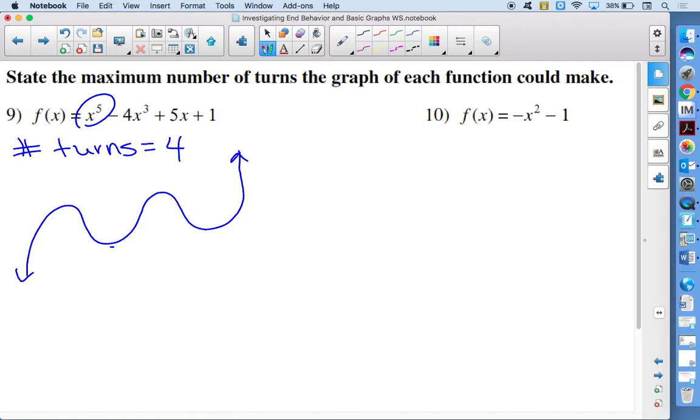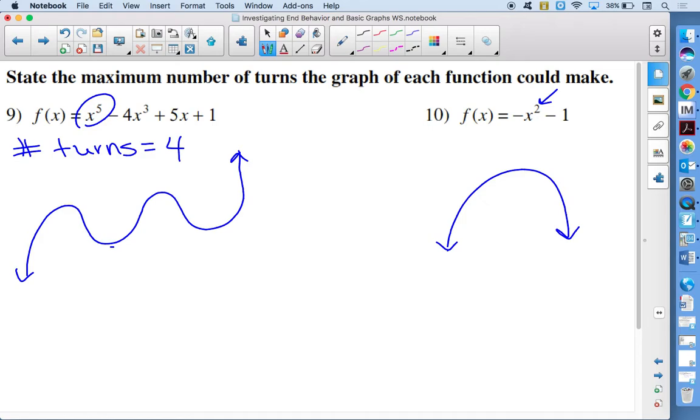And then with this one over here, if I have negative x squared, what would that graph look like? Yeah, so that is a parabola that goes down. All parabolas are U's. Every parabola has an x squared. All of them had 1 turn, every one that we graphed. We probably graphed like 50 different parabolas last chapter.